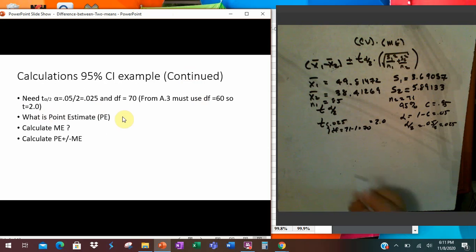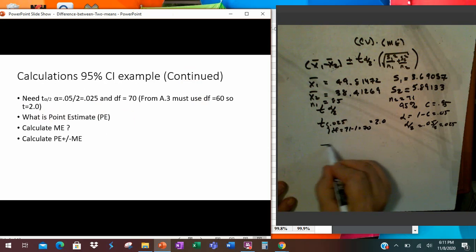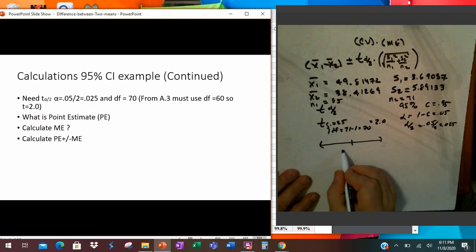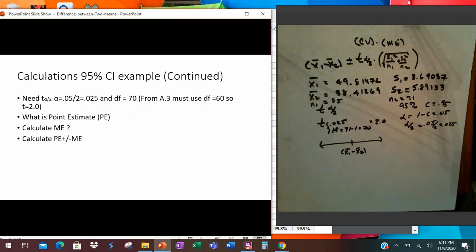What is the point estimate? Remember, for confidence intervals, I'm always building some interval on the number line. The number that starts between here is going to be x1 bar minus x2 bar. And I want to keep these in order to make sure that everything corresponds to what we're working with.